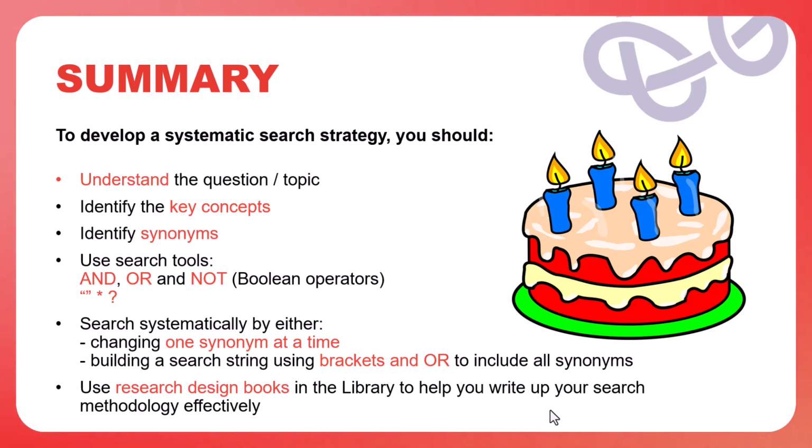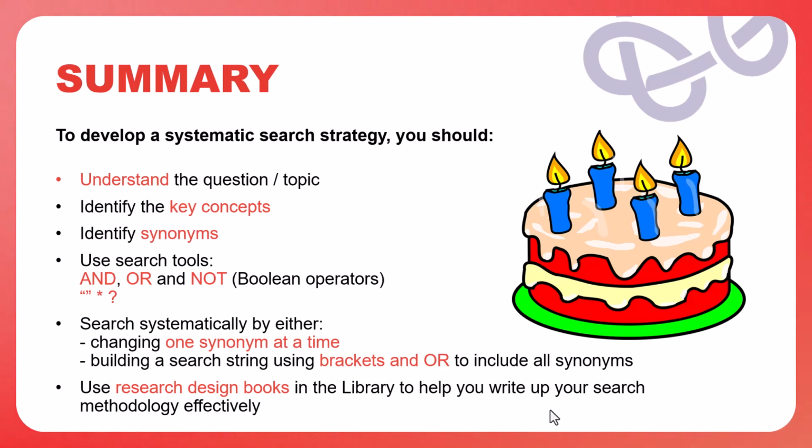And then search systematically by either changing one synonym at a time, or by building a search string using brackets and ors in between each of those synonyms. Use research design books to help you develop your write-up of your search strategy.